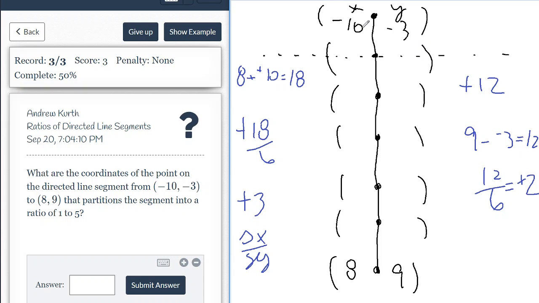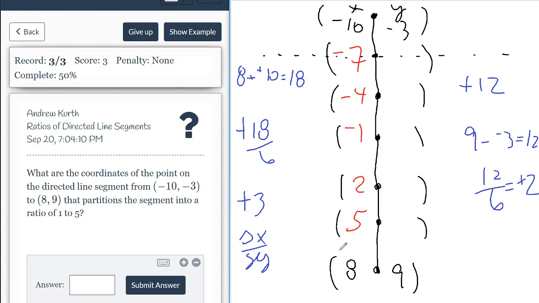So I'm at my x of -10, and now I'm going to add 3. So -10 plus 3 is -7, then plus 3 is -4, -1, 2, 5. And the reason I did this was so you can see how to check your work. 5 plus 3 is 8. So then that should give you confidence you did it correctly.